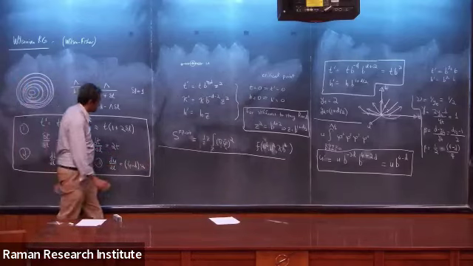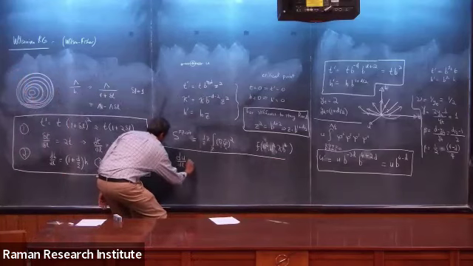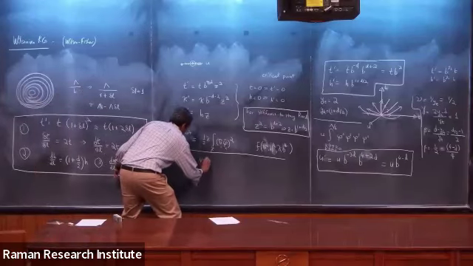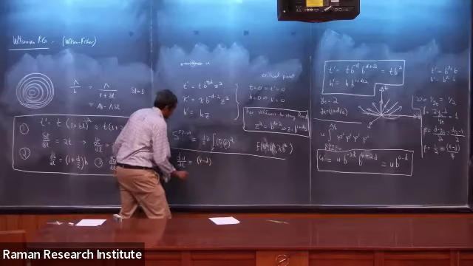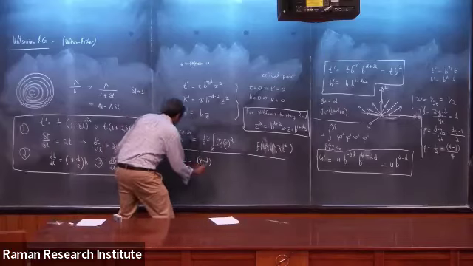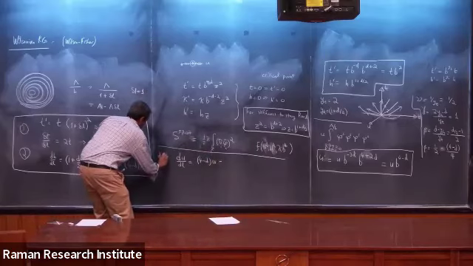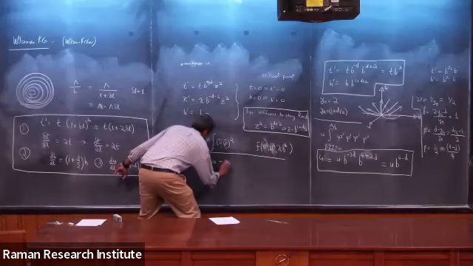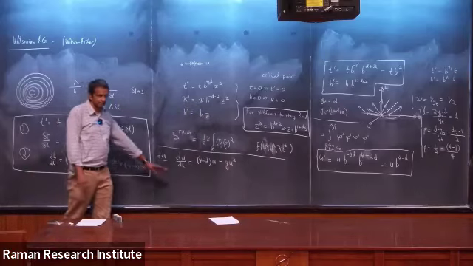So what you really want is some modification of this equation such that du by dl is heuristically of the form (4 minus d), which is a positive coefficient for 4 dimensions or less than 4 dimensions, and I want something like some coefficient g times u squared. Imagine I had this equation.